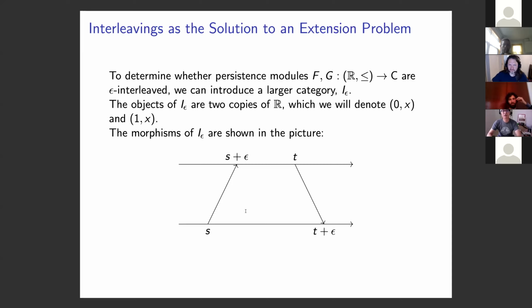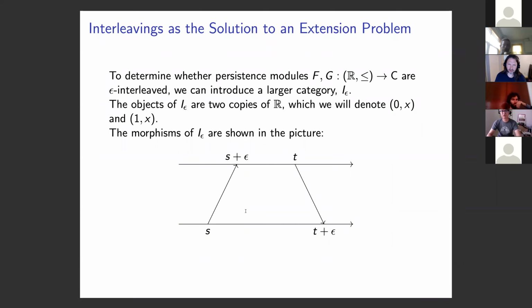Okay, and this means also, if you want, you can also cross the river at a slower rate. You can go across and then up, no problem. This category we call I epsilon, I for interleaver.